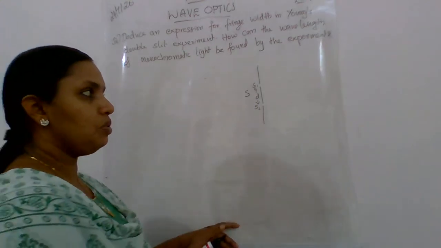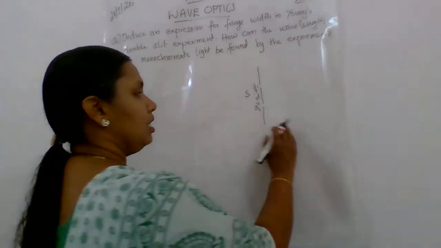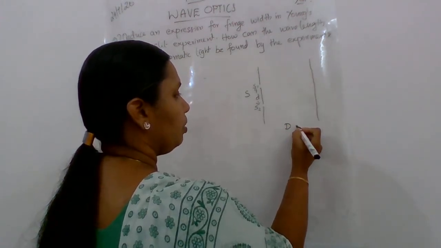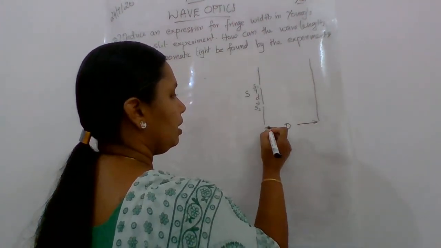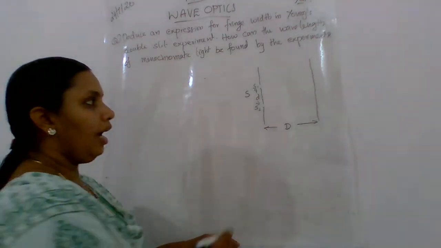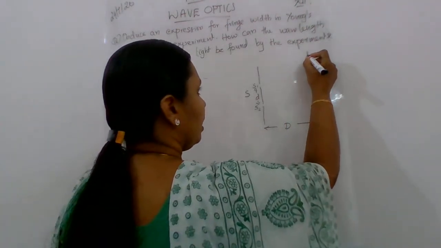So S1 and S2 are separated by a distance d, and this is our screen, and I told you it is about 1 meter, which is taken as capital D. Okay, and on the screen you take a point.